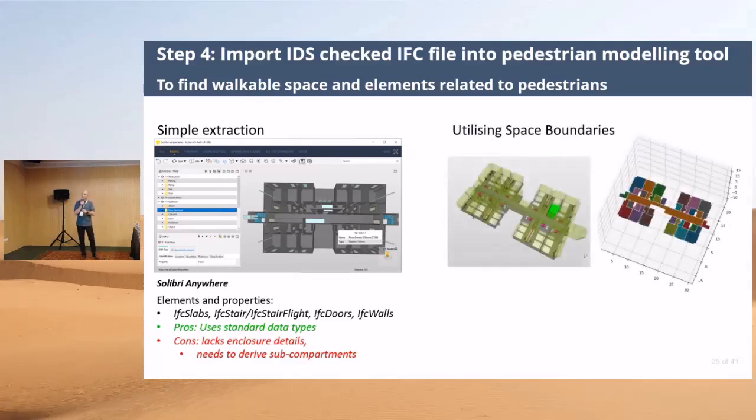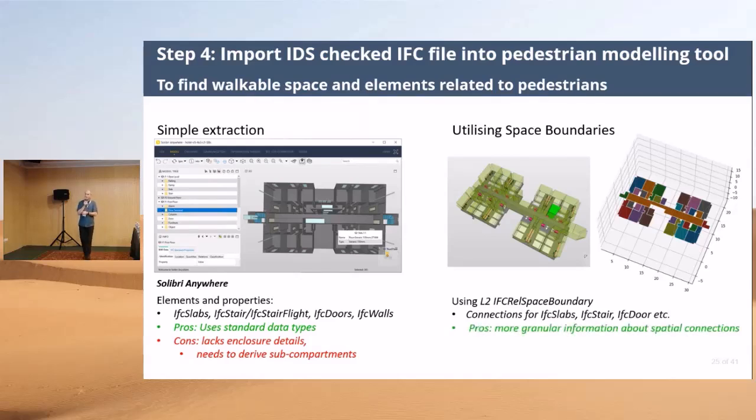So we used the space boundaries, originally designed for thermal heat transfer, but which also happen to give us the connections between elements in a building. We use the level 2 IfcRelSpaceBoundary elements, and that gives us the connections, which spaces connect to which doors, to allow us to define routes.